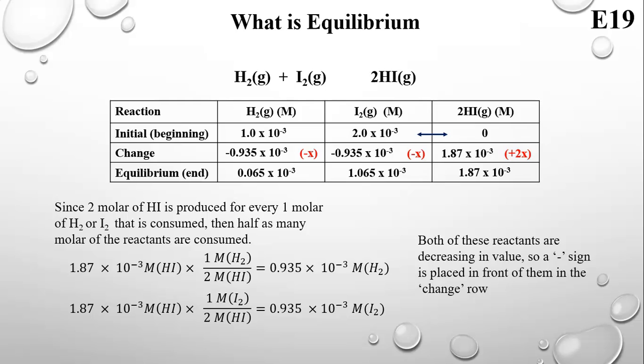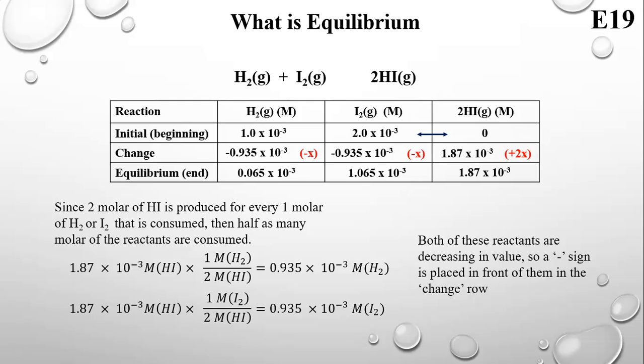So that would be a negative X. In other words, the numbers that you're going to fill in there, you can actually put specific numbers, are going to be half the value of 1.87 times 10 to the minus 3. And since they are reactants that are going down in concentration, it's going to be a negative number. So negative 0.935 times 10 to the minus 3 is 1/2 of 1.87 times 10 to the minus 3. And that's how you calculated that.